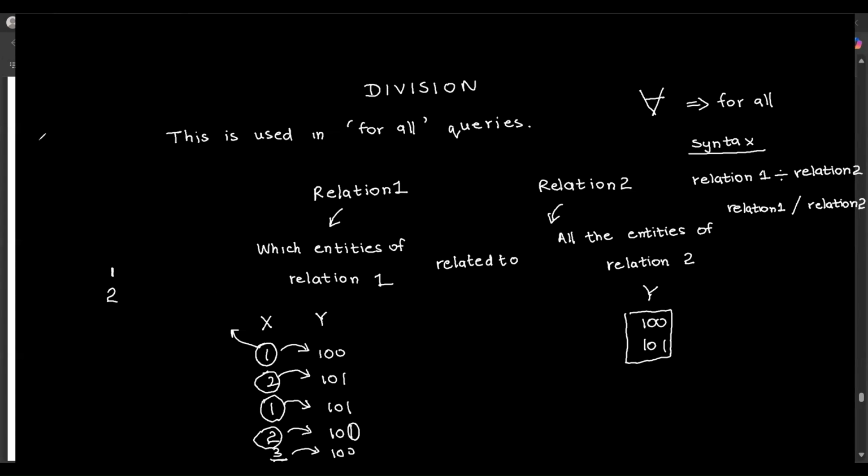But when we started studying union and set difference in relational algebra, you should remember we spoke about a condition called union compatibility. Similarly here, if you want to apply division, there are some requirements that should be met.